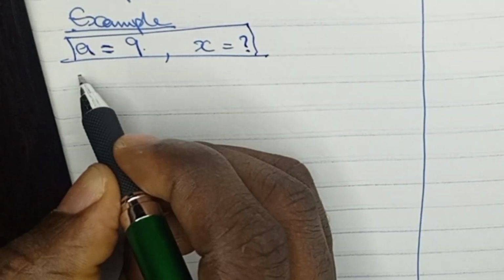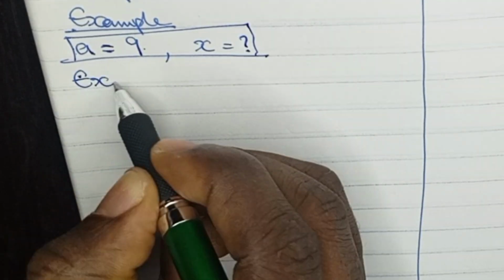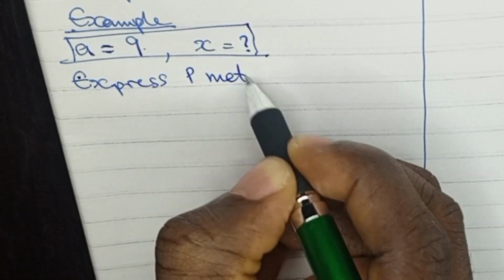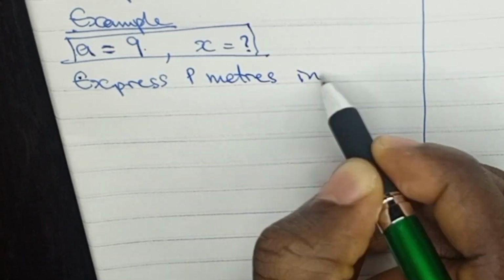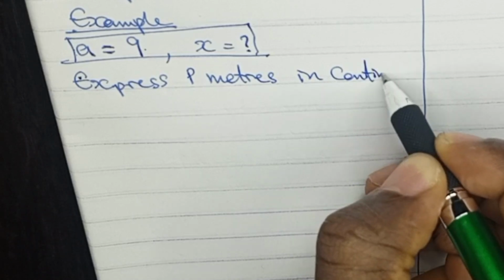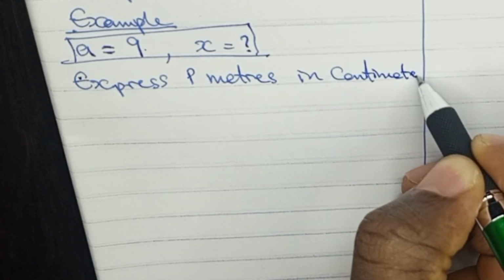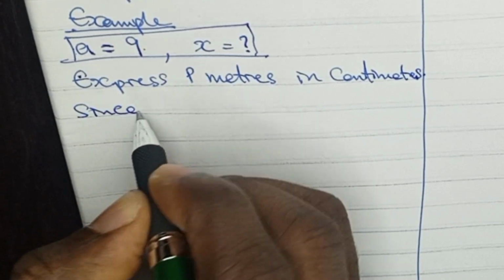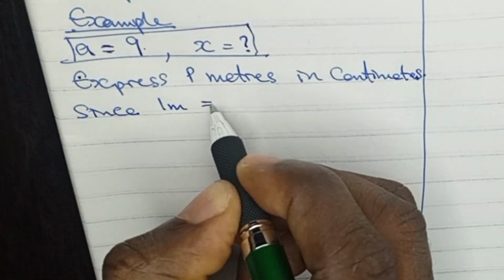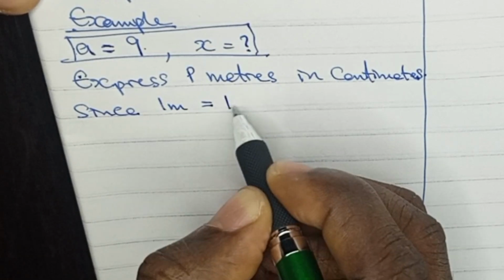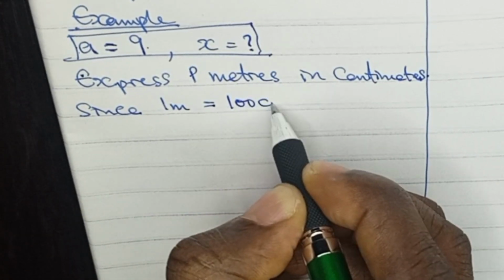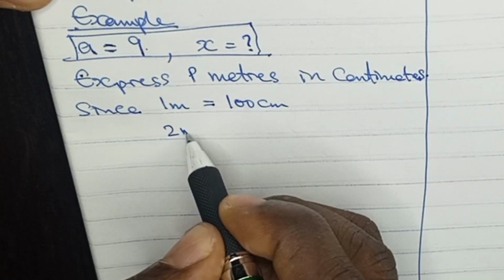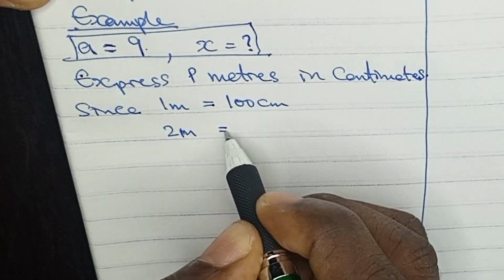Example: express p meters in centimeters. Since we know that 1 meter is equal to 100 centimeters, if this is 2 meters, what will we have here?